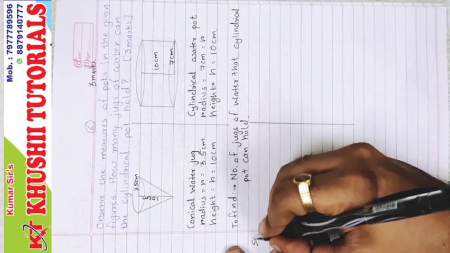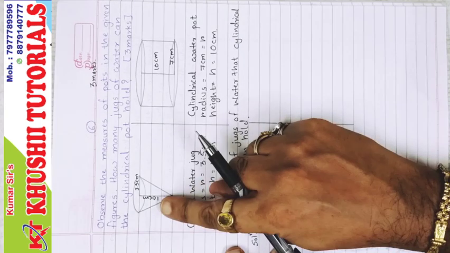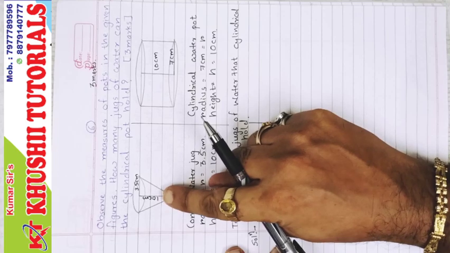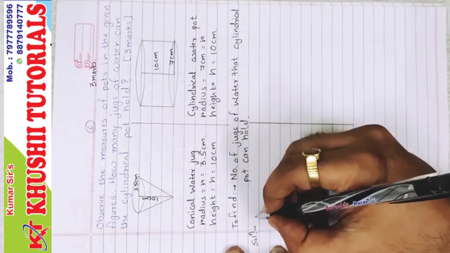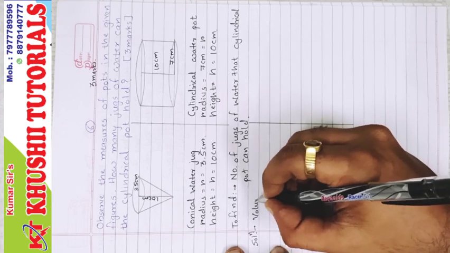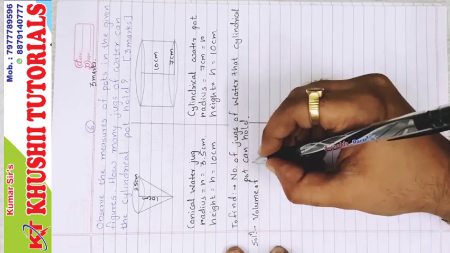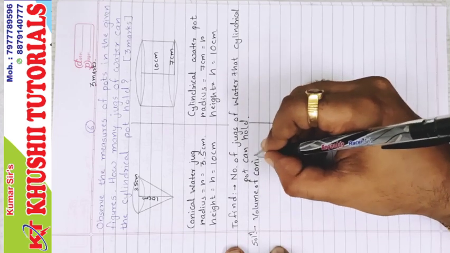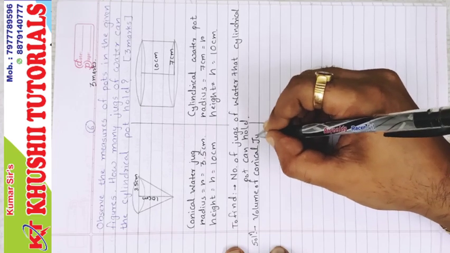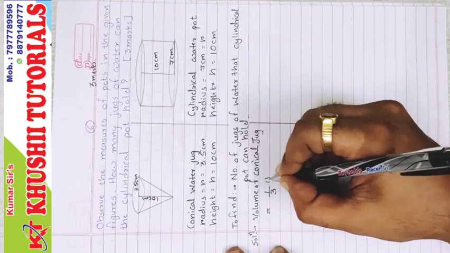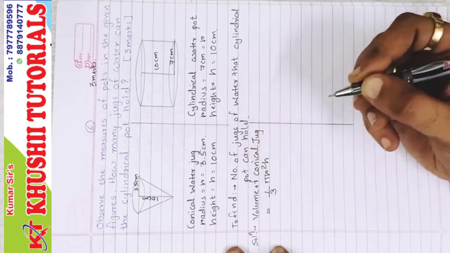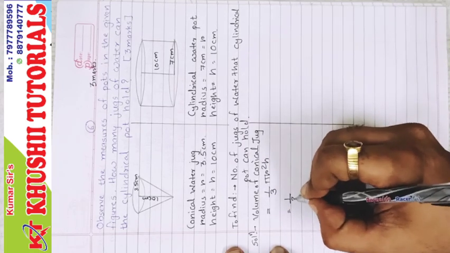Now solution. In short, we have to find the volume of this conical jug and the volume of the cylindrical pot. So first, volume of conical jug equals volume of cone, 1/3 pi r square h. 1/3 will remain 1/3.